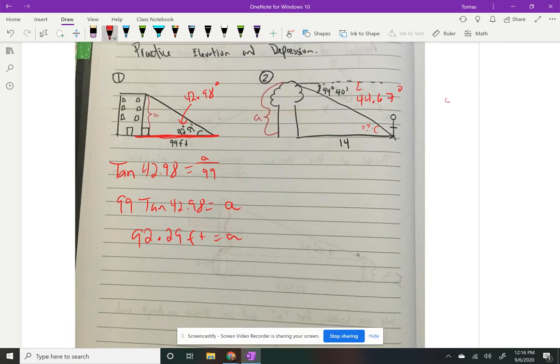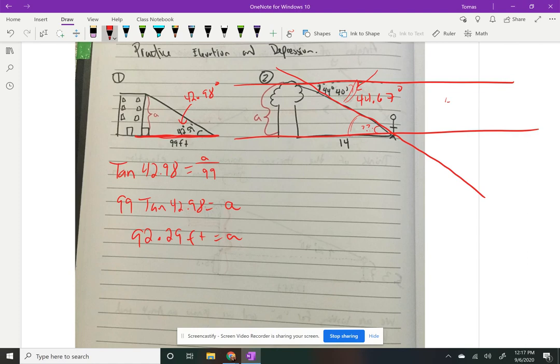But guess what, guys? Look at this. If I was to make this a straight line, those would be two parallel lines. Not only would they be parallel lines, we have a line that cuts them, known as a transversal. So this angle and this angle have something in common.